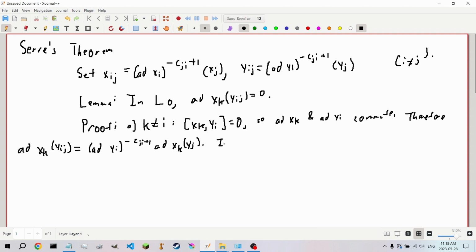If k equals j, then this is the adjoint of yi to the power of negative cji plus 1, as always, on hj.